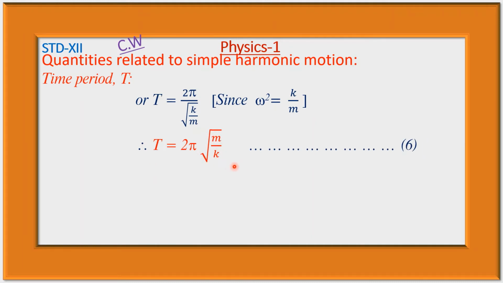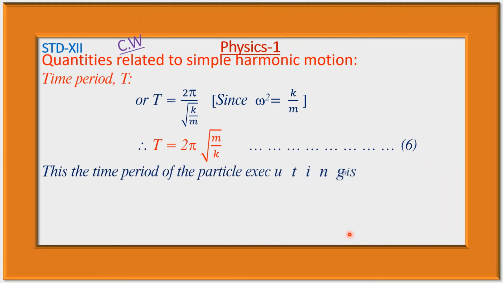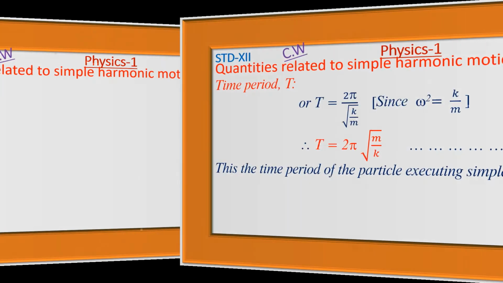And this is the time period of the particle executing simple harmonic motion. Here m is the mass of the particle, k is the force constant, and T is the time period.